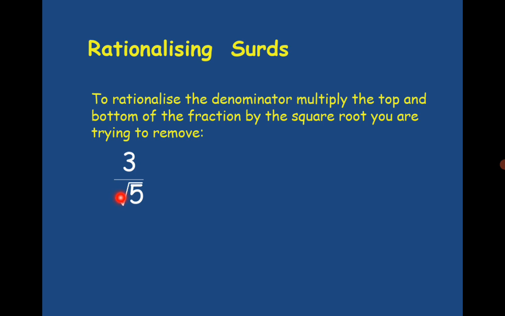So 3 root 5. To make this root disappear, we just multiply both the top and the bottom by the same thing, this one. That way we rationalize the denominator, this one. So to rationalize the denominator, simply multiply the top, which is the numerator, and the bottom by the square root you are trying to remove. Yeah, like this.